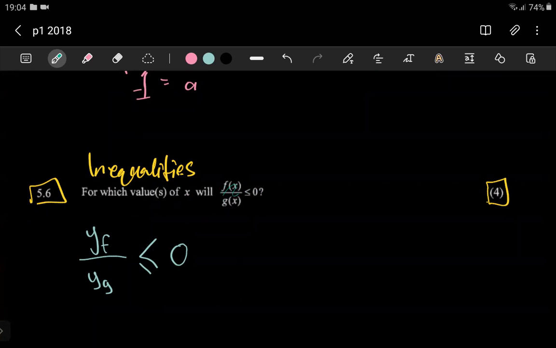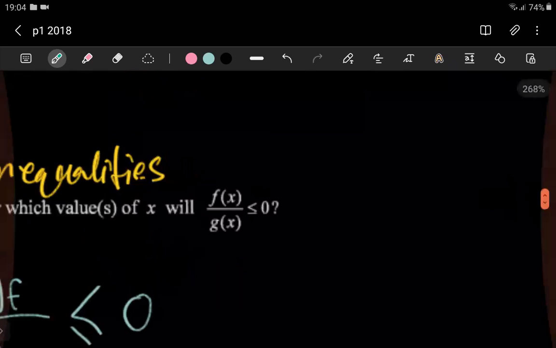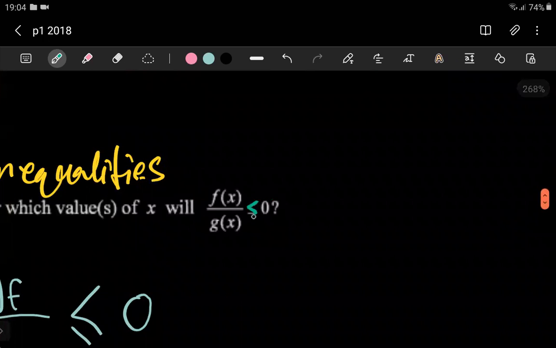Now, a fraction, if it is going to be a number that is smaller than 0, let's deal with it being smaller than 0 for now.